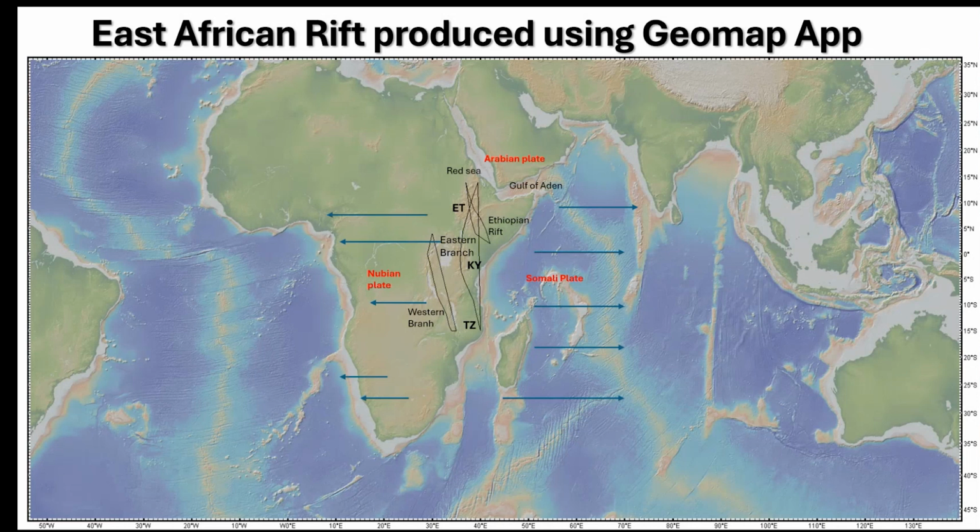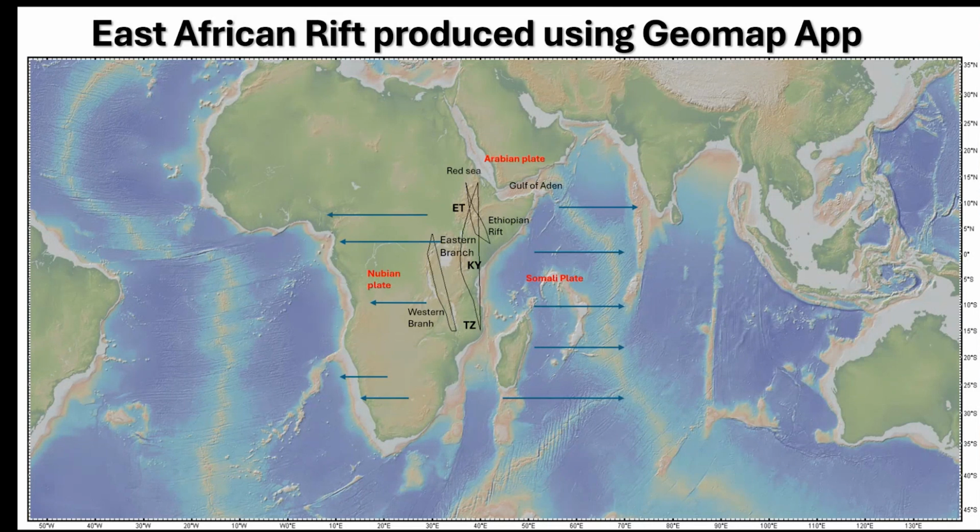Here, if you look from where I have ET, meaning Ethiopia, down to where I have TZ, which is Tanzania, there is an active rift going on there. Although the rift has not fully developed, it's still actively going on. That is why we're not able to see much. You see where I have the Gulf of Aden. That is a rift that happened in the past, separating the Ethiopian rift and the Arabian plate.